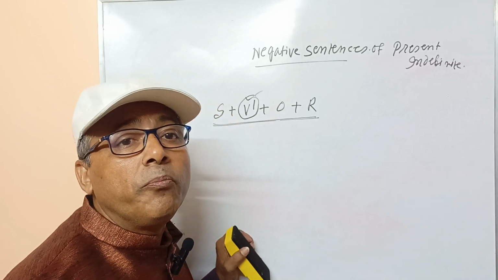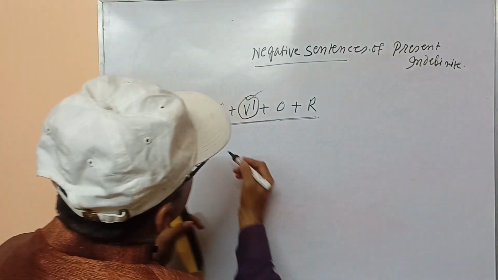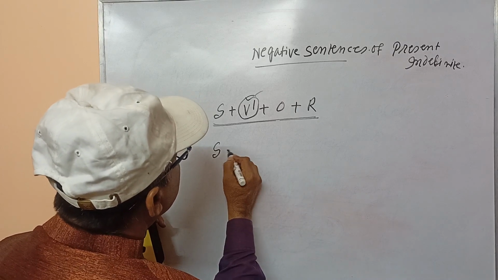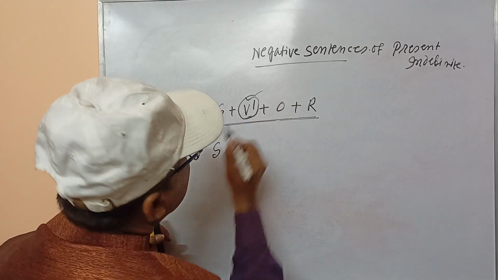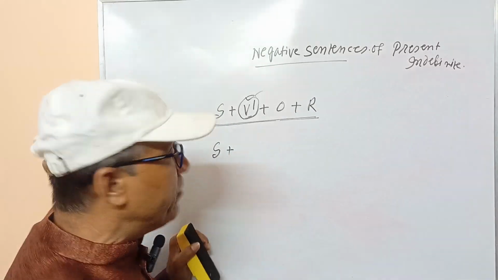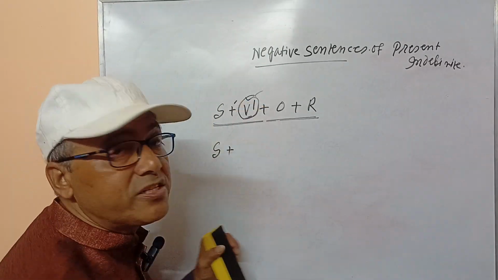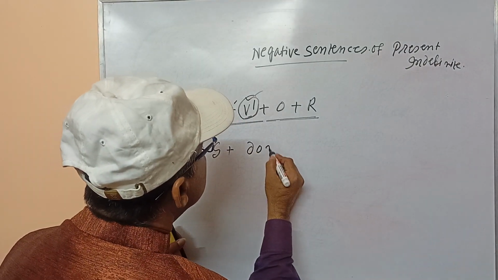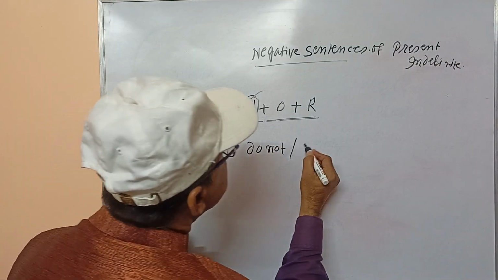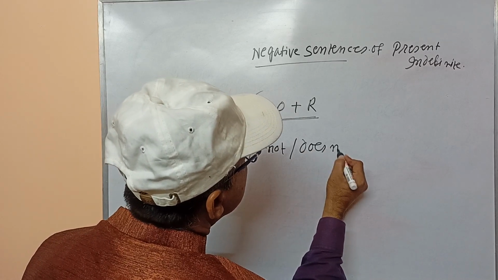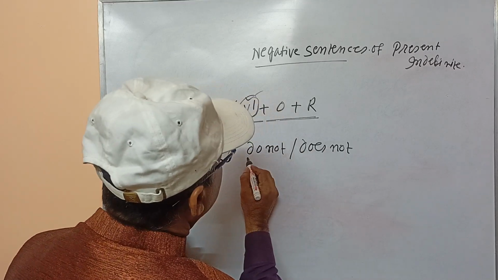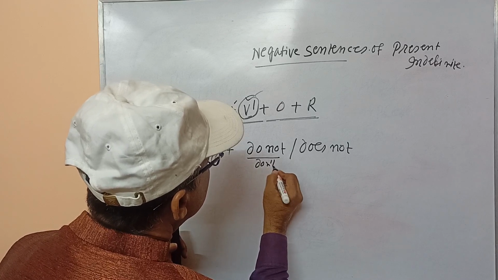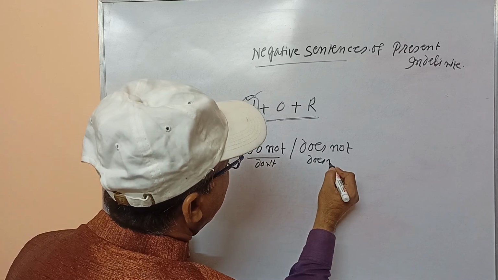But if I want to make it negative, so the rule will be in this way: subject you will write, and before verb 1, remember, just here you have to write do not and does not. You also can write it as don't or doesn't.